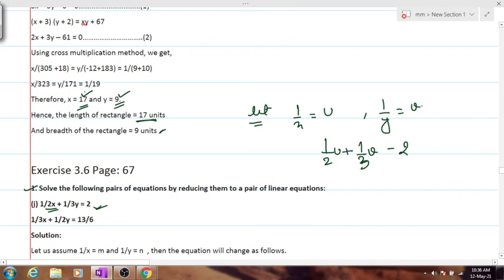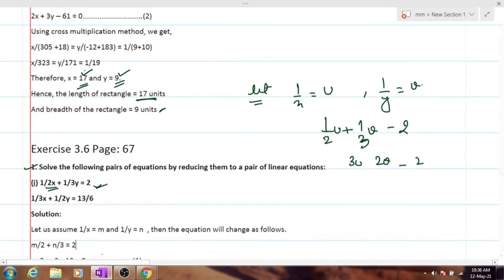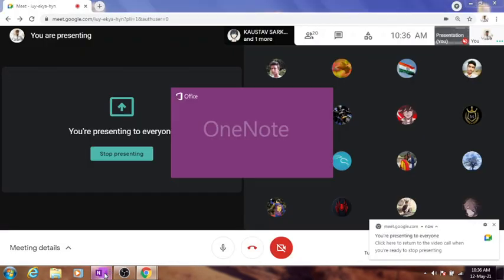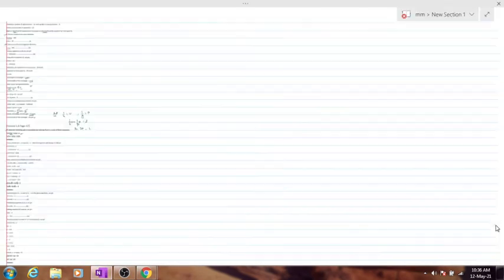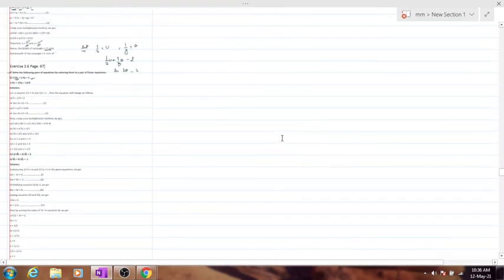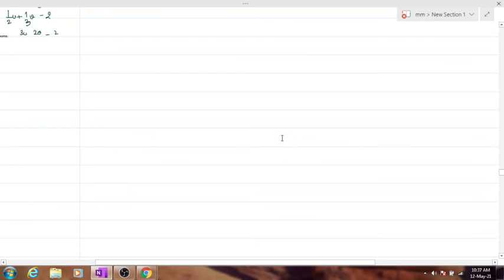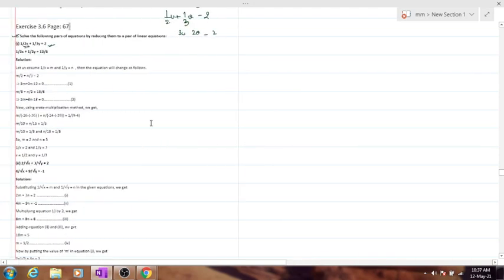Then can we take the LCM here? 3u plus 2v is equal to, the LCM will be 6 and then we multiply to get 12. Did you all understand what I wrote? One numerical of this type will surely come in exams, because this is a different type of solving.